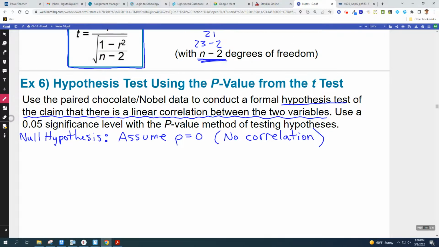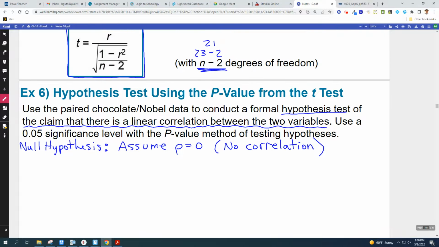If we didn't have technology, we would want to use this t number. All right, so let's start by finding that t number. The r for this example, you have to go back and look at it, I guess. Earlier in the notes, we found the r value, the sample correlation coefficient for this problem, was 0.801.